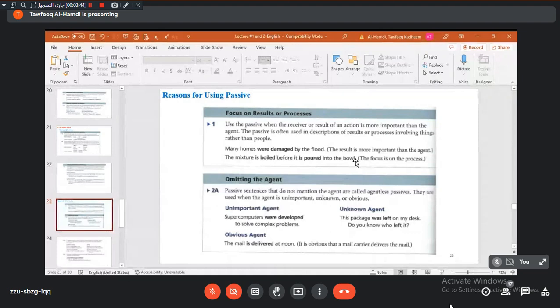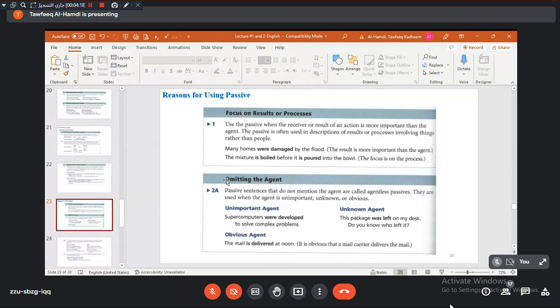Another note about reasons for using the passive is related to omitting the agent. When should I omit the agent? Passive sentences that do not mention the agent are called agentless passives. They are used when the agent is unimportant, unknown, or obvious.